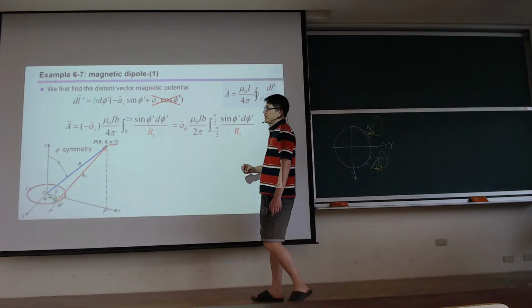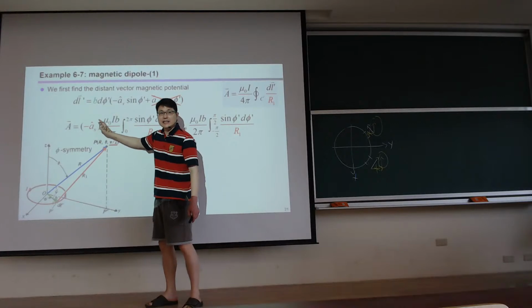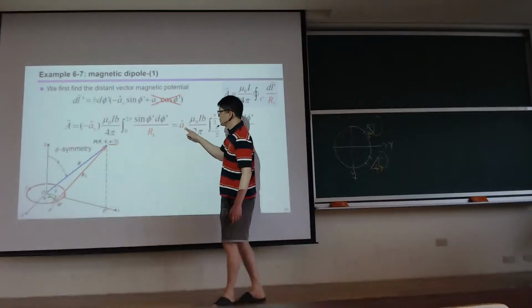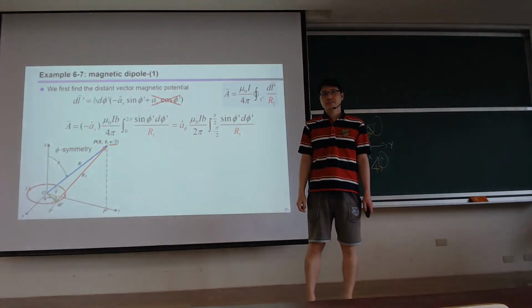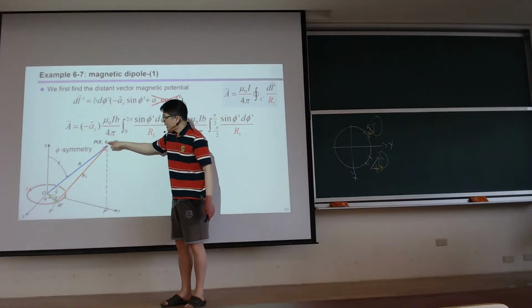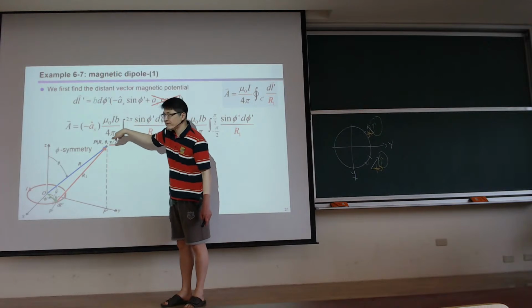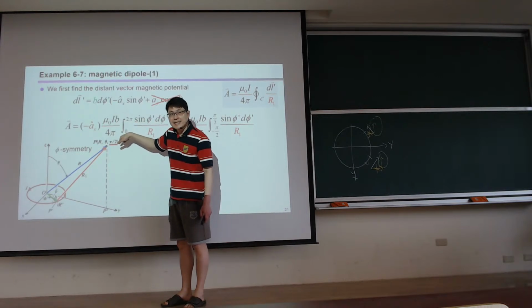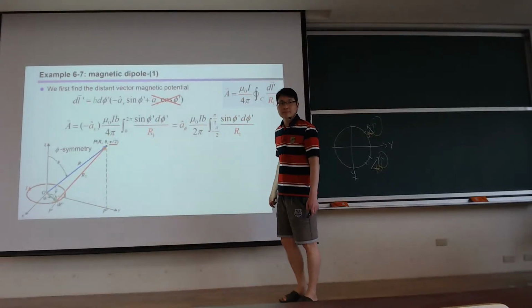Another thing I changed is that negative ax direction is now converted into a phi direction. Why? Because my observation point is at a phi value of pi divided by 2. So at this particular position, a phi is exactly the negative ax direction.